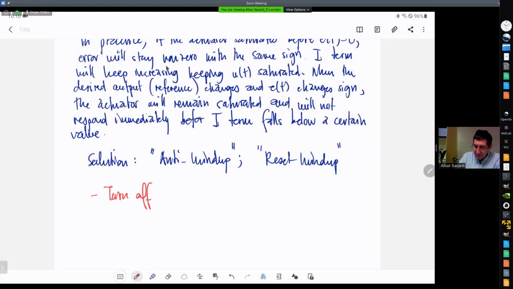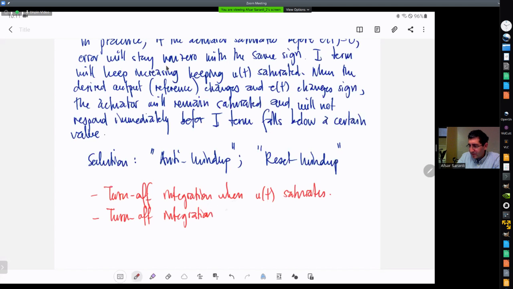So for example, you can turn off integration when U of t saturates, or you can again turn off integration whenever the controller is switched off.